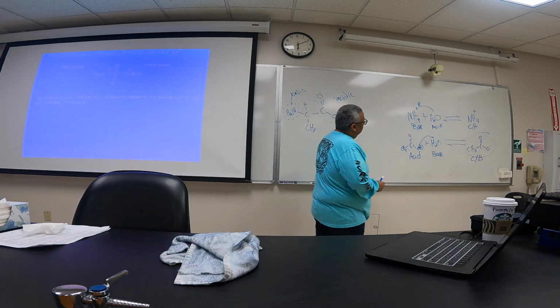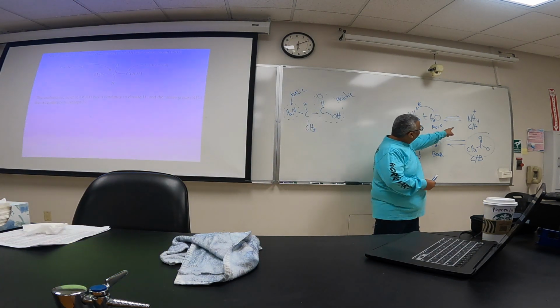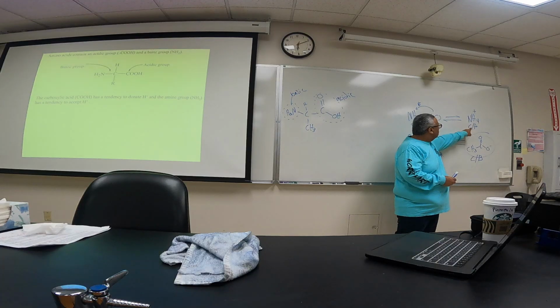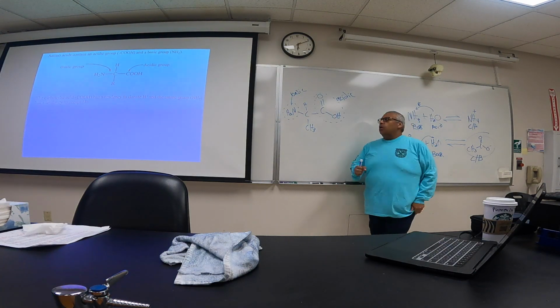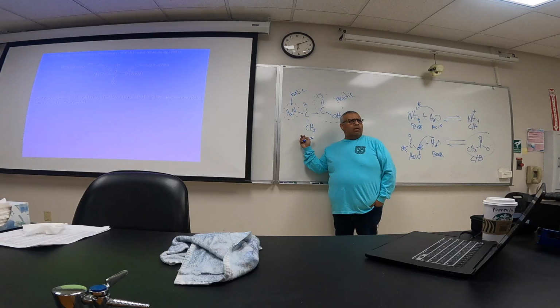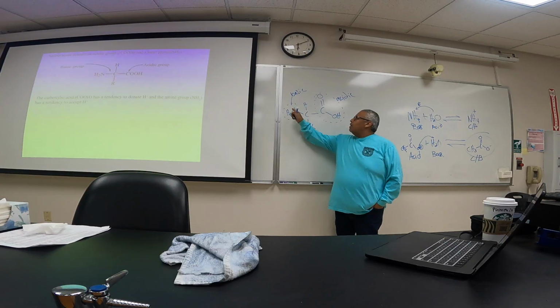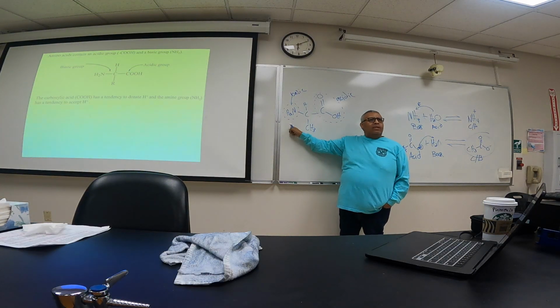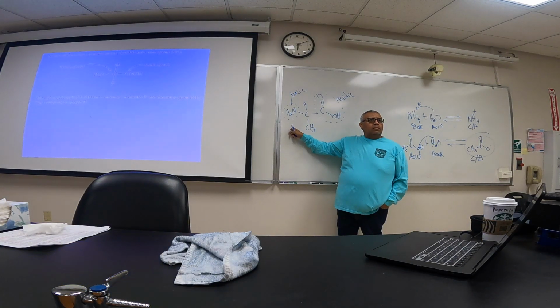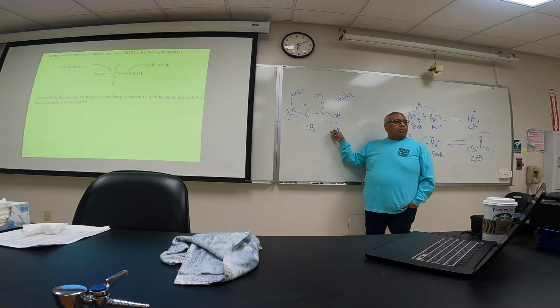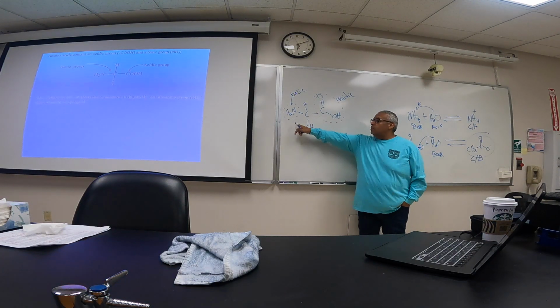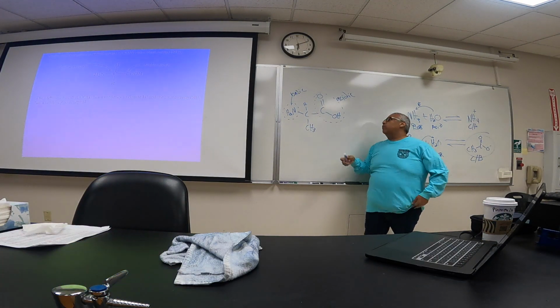So bases can accept hydrogens and acids donate hydrogens, which means that on amino acids, this basic end will accept or donate hydrogens? It will accept a hydrogen, right? And here, this is going to donate hydrogens because this is basic, this is acidic.